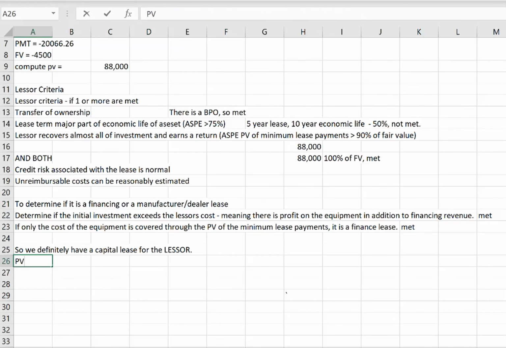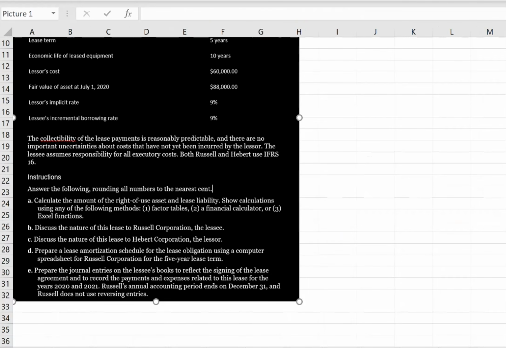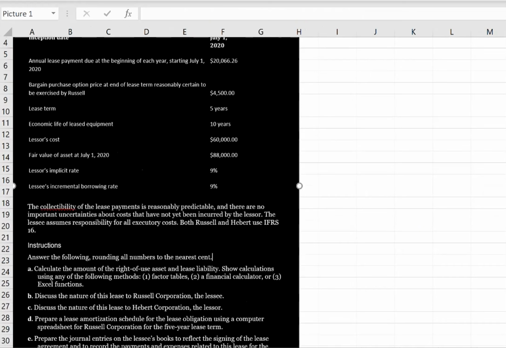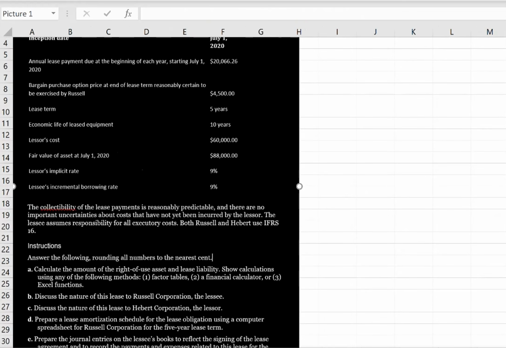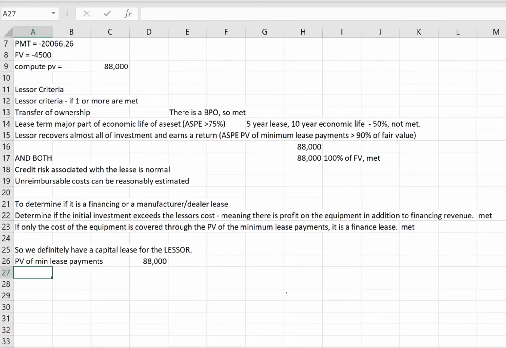So if we say the present value of minimum lease payments is going to be $88,000. So that's how much they're going to make on the equipment itself. Where's the cost? The lessor's cost here was $60,000.